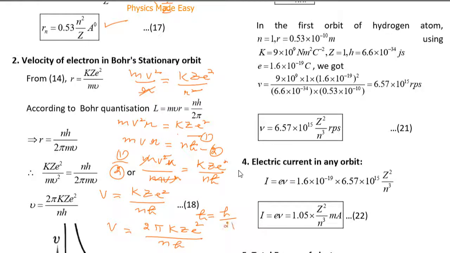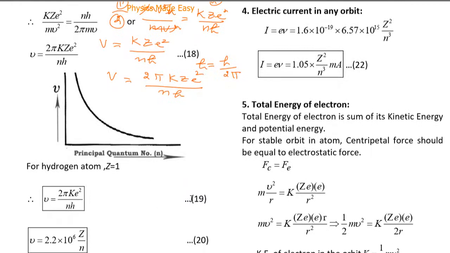This is due to this relationship. So what does this say? This says that velocity is directly proportional to Z, inversely proportional to n, or velocity is proportional to Z by n.